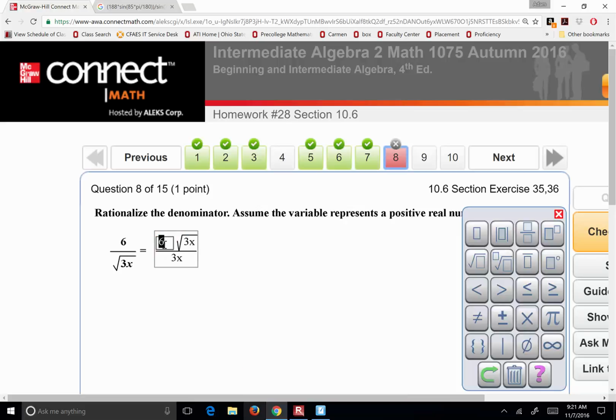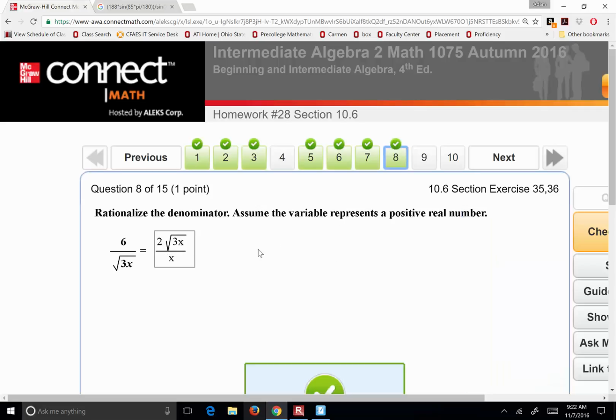It didn't like it. It should be none. So although it doesn't say so, in rationalizing you automatically need to simplify all the way through to the end. Okay. Now we're good.